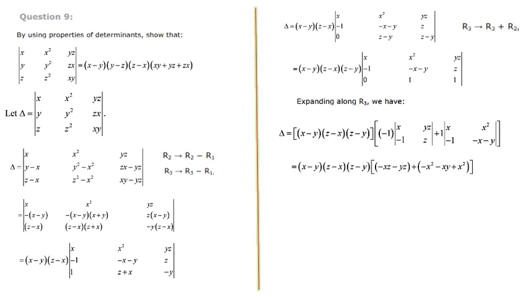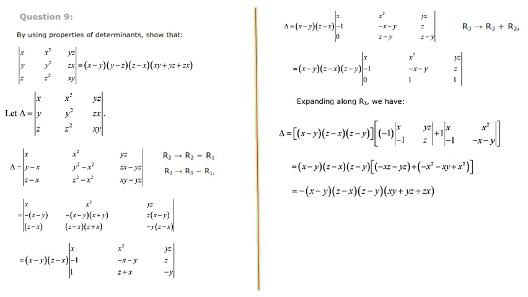Okay, then determinant expansion, that is x into x, that is minus x square minus xy, written again minus 1 into x square, so minus into minus plus 1 into x square is plus x square.